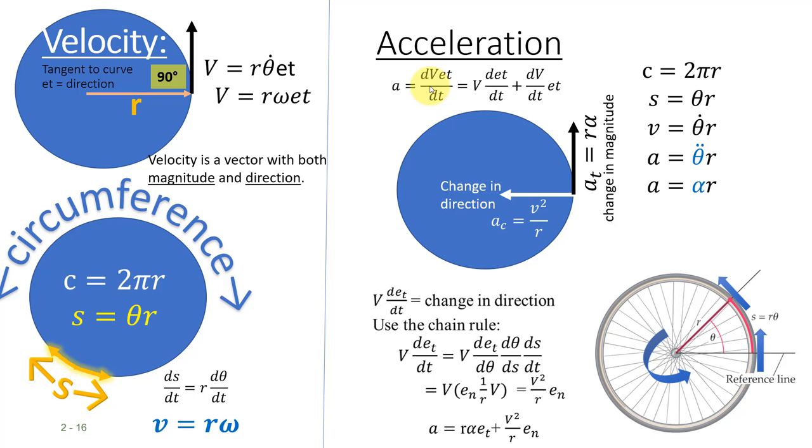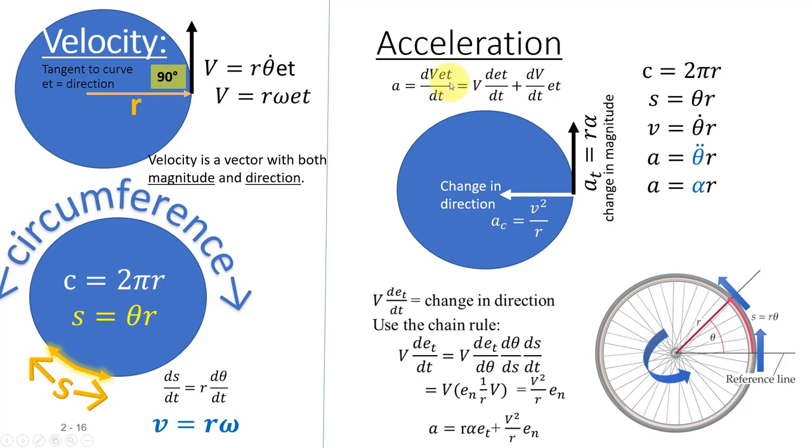And when you take the derivative of velocity with respect to time, you have to keep track of both pieces of that. So you're keeping track of how the magnitude of the velocity is changing. So if you go from like 30 miles an hour to 60 miles an hour, that's the magnitude. Then you also have to keep track of how the direction of the velocity is changing.